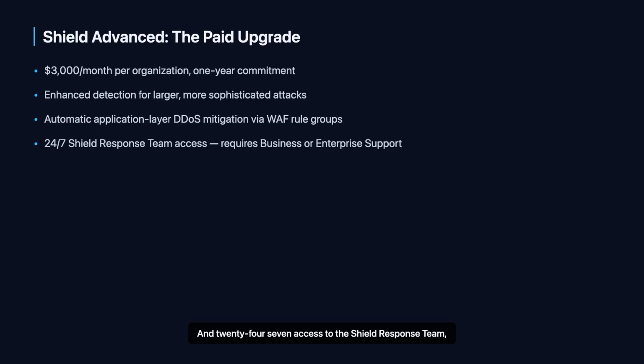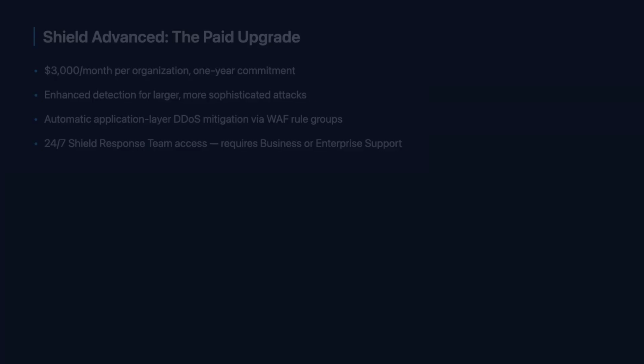And 24/7 access to the Shield response team, a group of Amazon Web Services DDoS experts. One important qualifier there: to actually engage that response team, you also need a business or enterprise support plan. The subscription alone doesn't unlock the humans.